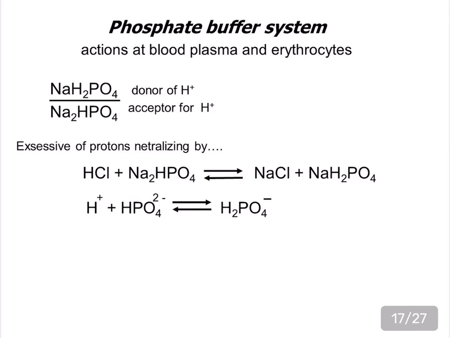So sodium hydrophosphate will be involved in interaction when some strong acid is added into the buffer system, or when the concentration of organic or inorganic acid increases in blood.